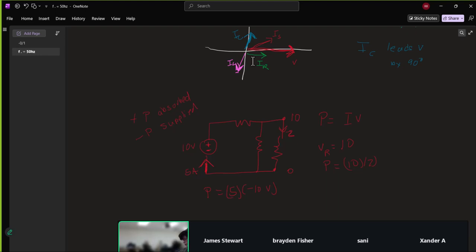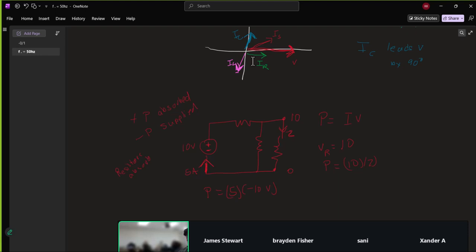Now, resistors always absorb power. That is always the case. Power supplies can absorb or supply.